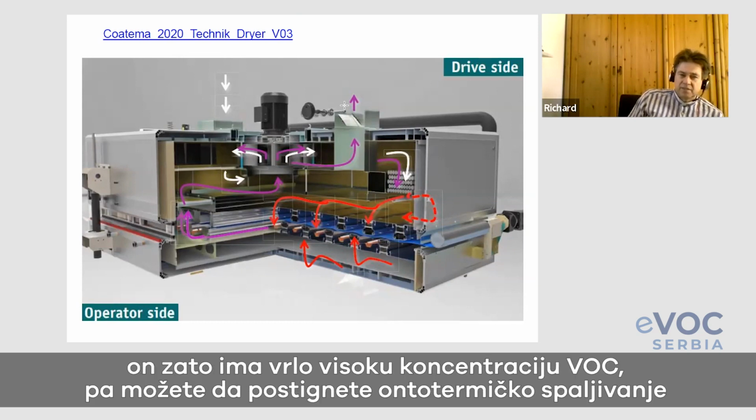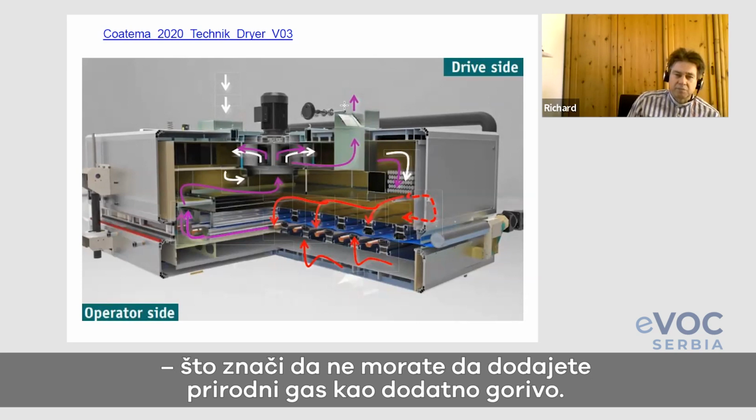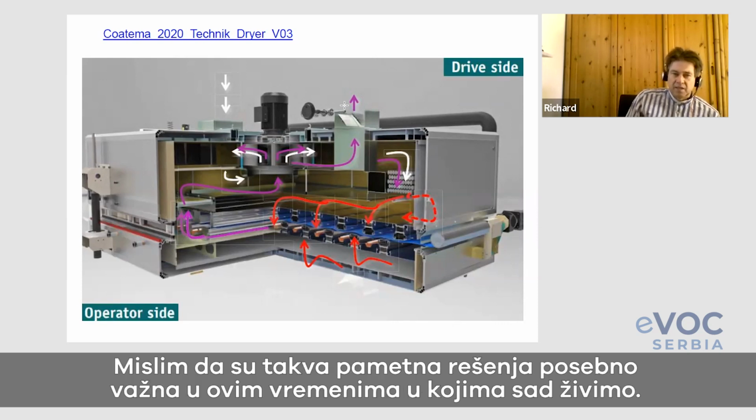The reason is that it has a very high VOC concentration, so that you can achieve autothermic incineration. That means it's not necessary to feed natural gas as an additional auxiliary fuel to the abatement technique. I think such smart methods are very important nowadays, especially in the times we are living in at the moment.